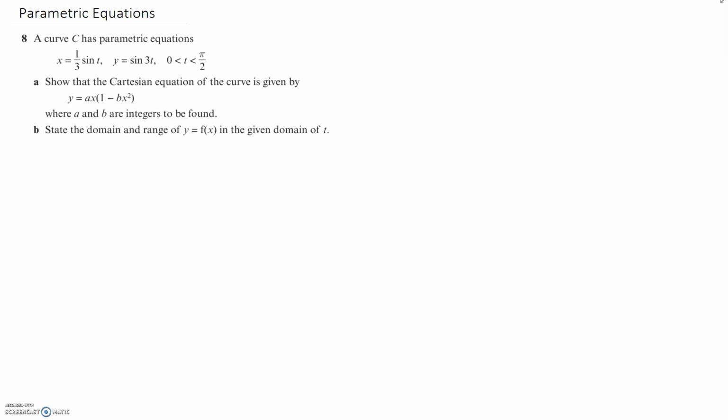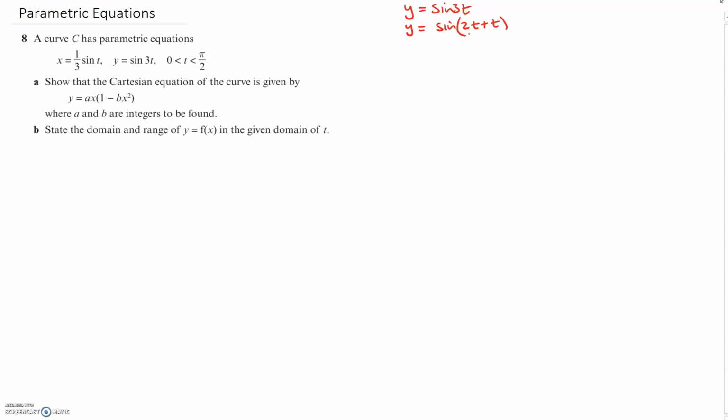I will show you what to do with sine 3t up here, and we'll probably want to work on that first. So sine 3t can be rewritten, and this is quite common practice, as sine of 2t plus t.